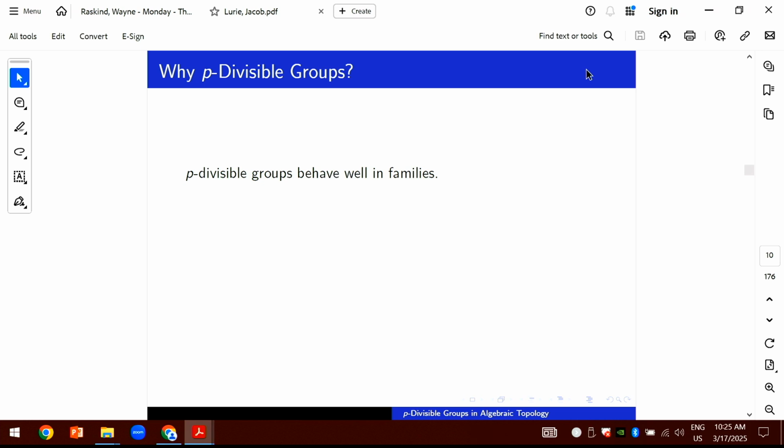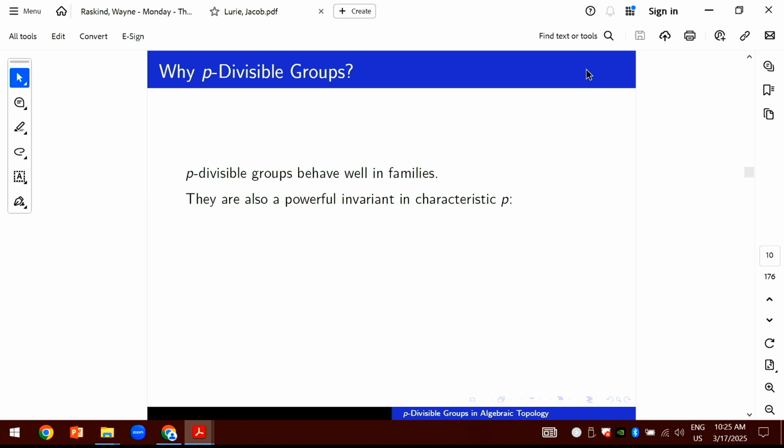Therefore, if you wanted to think about the Tate modules of those elliptic curves as the elliptic curve varies, they don't form a nice family. The rank is changing. But the p-divisible group is something that does form a nice family. The p-torsion on an elliptic curve always has degree p squared, whether the elliptic curve is supersingular or not.